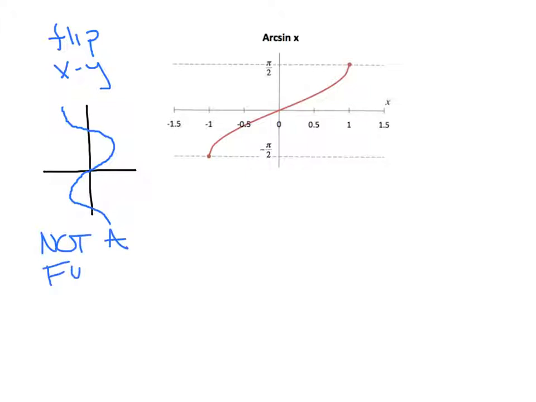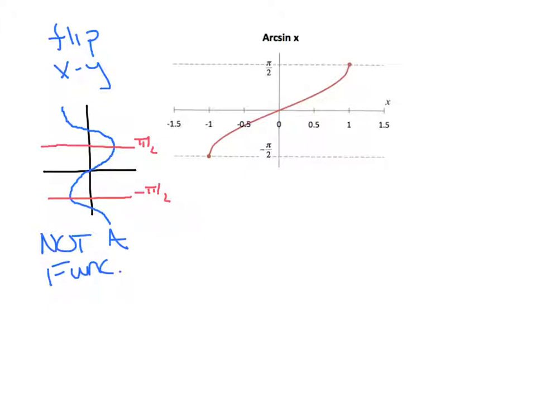We did not pass the vertical line test, so we had to cut it off and find a domain where this does pass the vertical line test so that it is a function. So if we cut it off here at positive pi over 2, and we cut it off at negative pi over 2, we now have a restricted domain, and this section in between my red lines does pass the vertical line test and is a function.